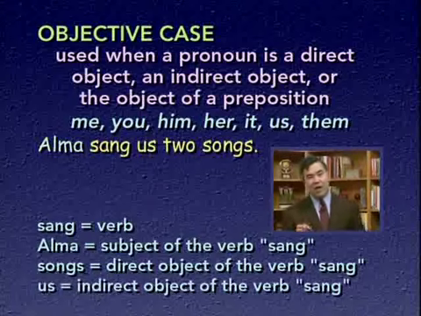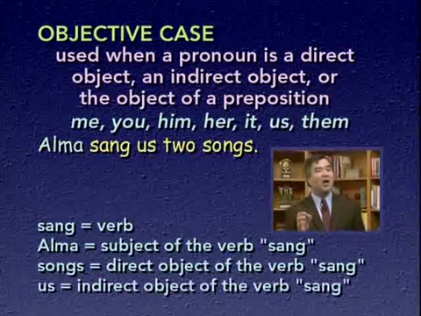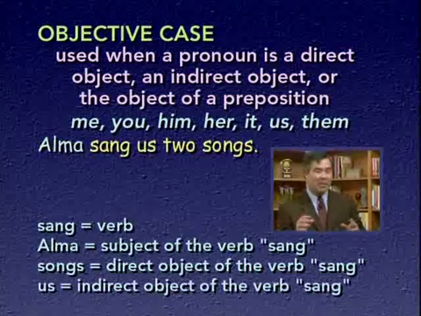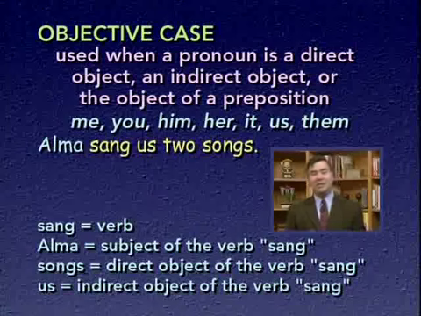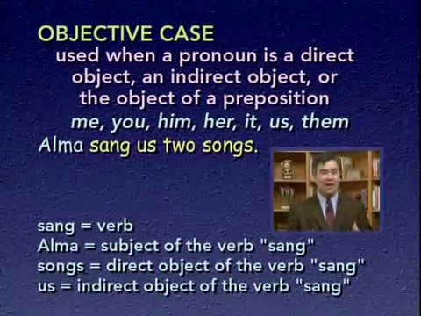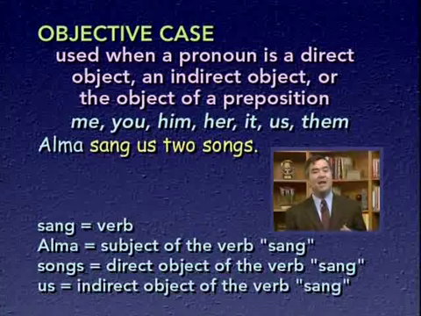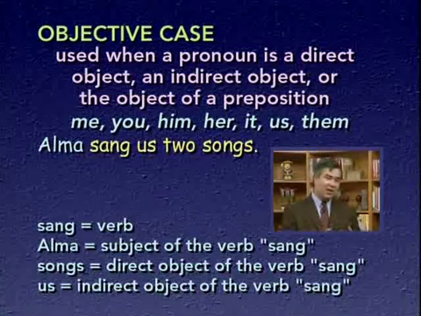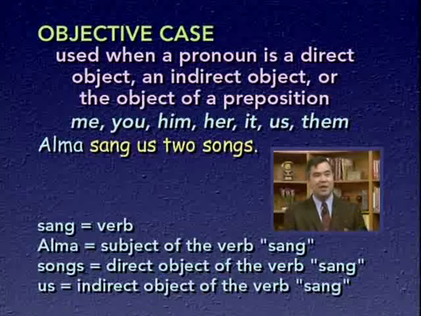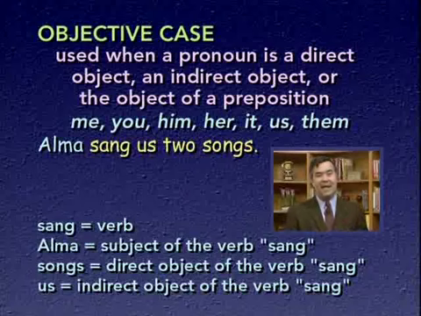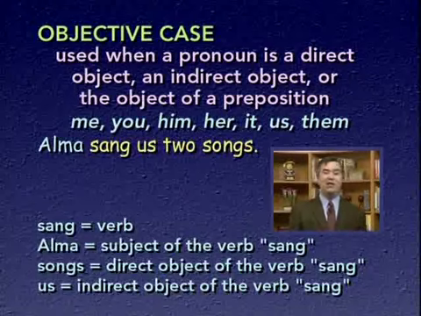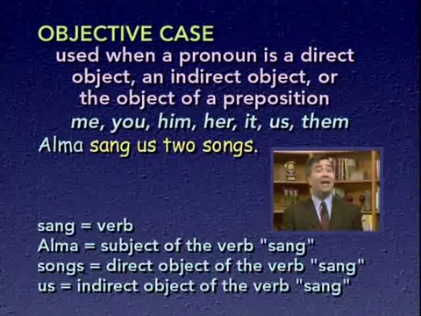It doesn't tell what Alma sang, it tells who Alma sang for. Remember, the indirect object explains the person, place, thing, or idea to whom or for whom the action is done. And in this case, Alma sang for us. Since us is being used as an indirect object, it should be in the objective case as it is. Us is an objective case pronoun, and it's being used correctly here as the indirect object of the verb sang.